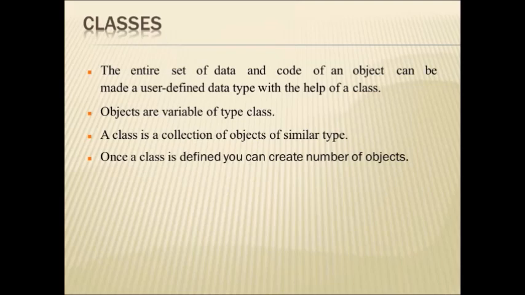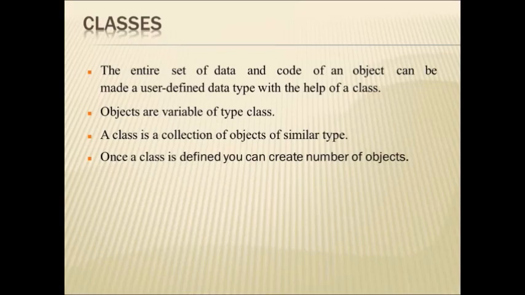That is, the entire set of data and code can be made a user-defined data type with the help of class. A class is nothing but a collection of objects of a similar type. That is, objects are variables of type class. Once a class is defined, you can create a number of objects.